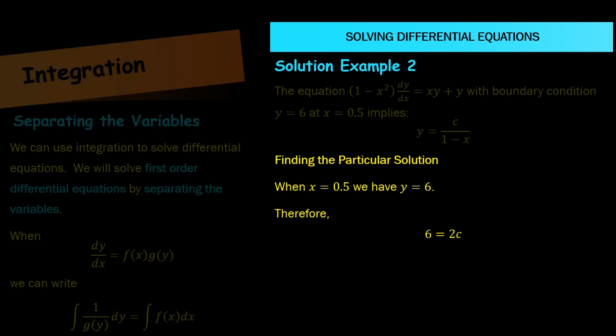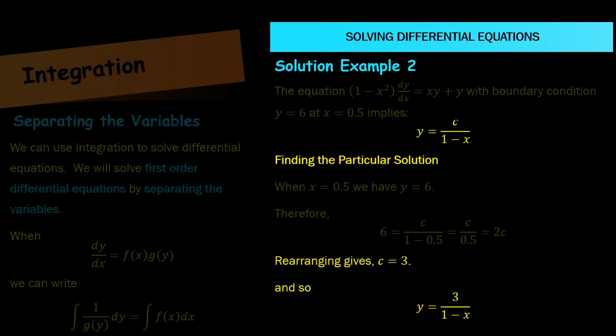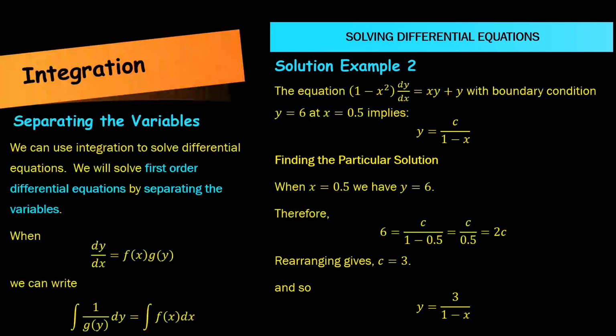And rearranging this gives us c equals 3, or dividing through by 2. And therefore, plugging in c equals 3, we have that y equals 3 over 1 minus x.